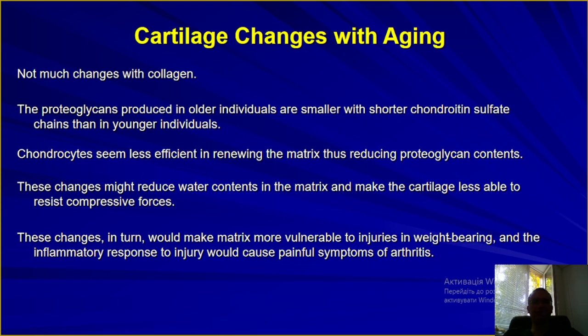As I told you, with aging, chondrocytes seem less efficient in renewing the matrix. They are losing their properties in synthesis of proteoglycans, and very small changes are seen with collagen. So collagen is a very long-lasting structure.